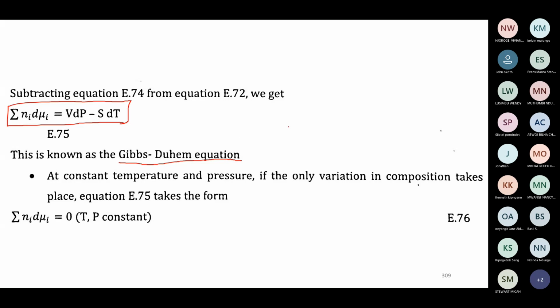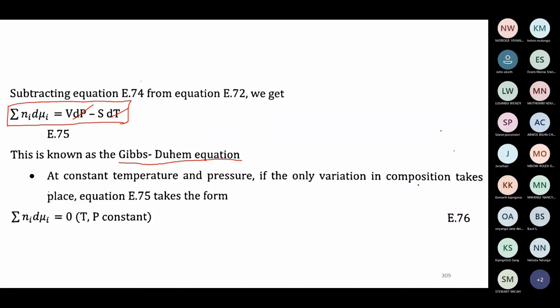At constant temperature and pressure, if only variation in composition is taking place, this equation is going to change. At constant temperature and pressure, remember these terms are going to be equal to 0.